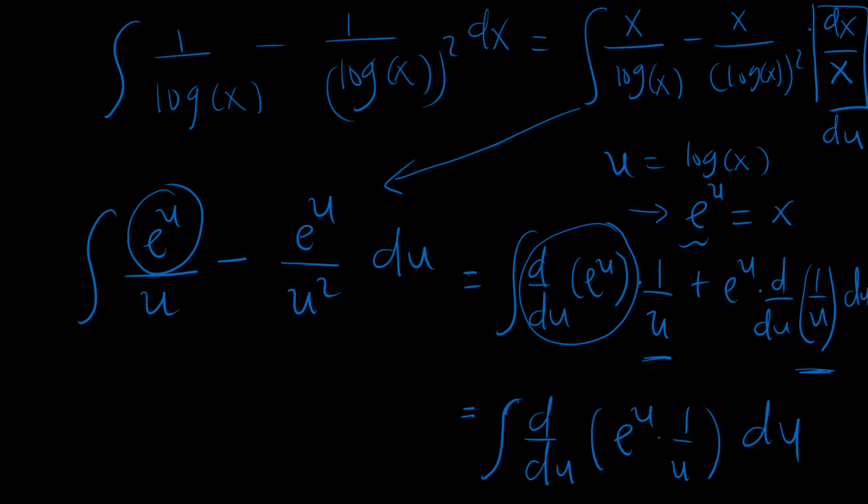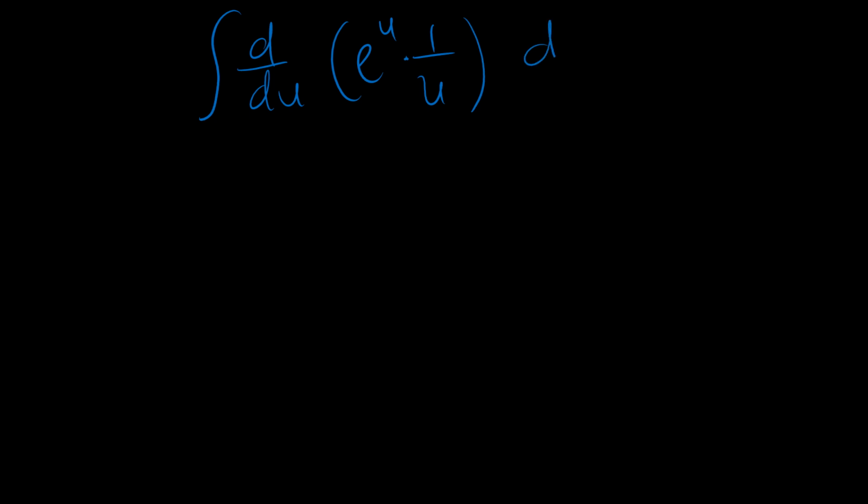It's becoming really obvious now what needs to happen. We've got our integral as the integral of the derivative of the product of e to the power u and 1 over u, which equals, obviously, e to the power u over u plus the integration constant.